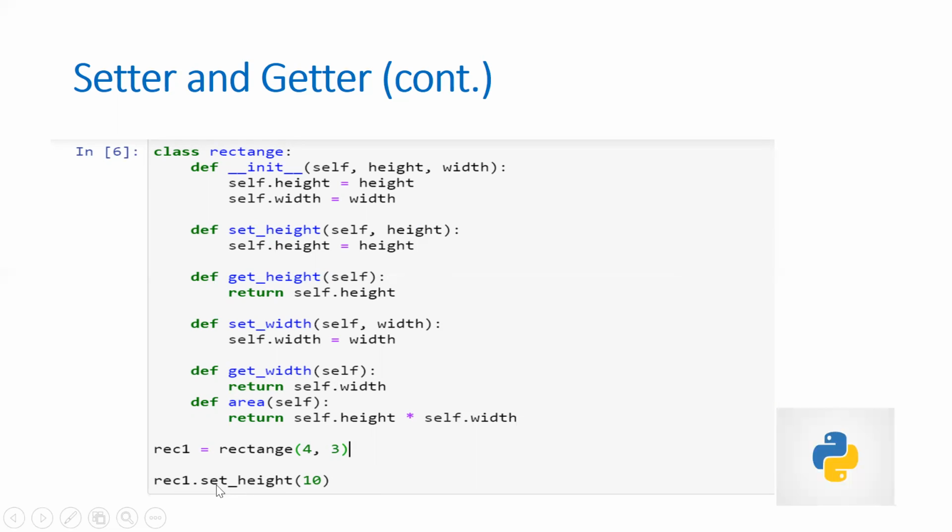Here I just set the value of height, but if I want to print the assigned value, I can use print get height. It will return the value of the newly assigned height.